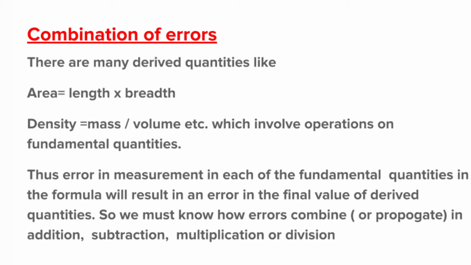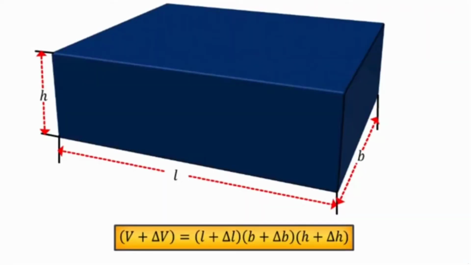This is known as combination of errors, meaning doing mathematical operations on errors. It is also known as propagation of errors, because an error in the individual quantities will be propagated in the derived quantity also. So we'll see one by one.